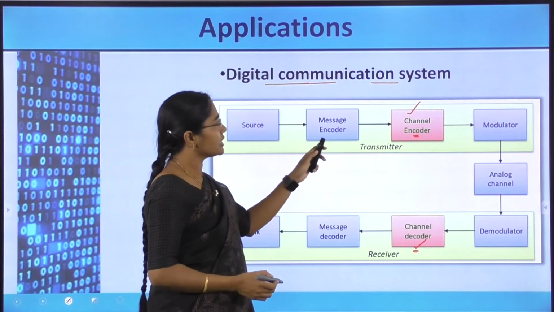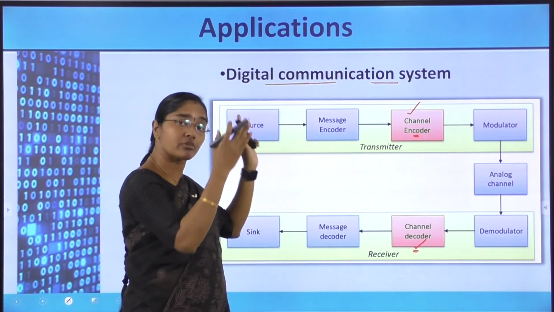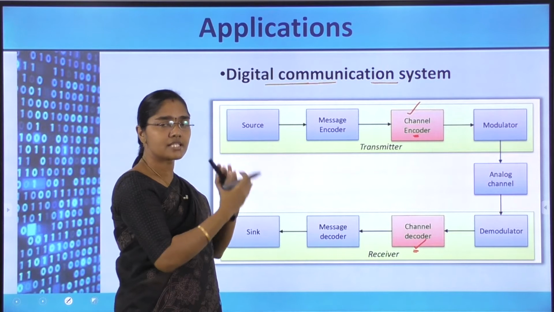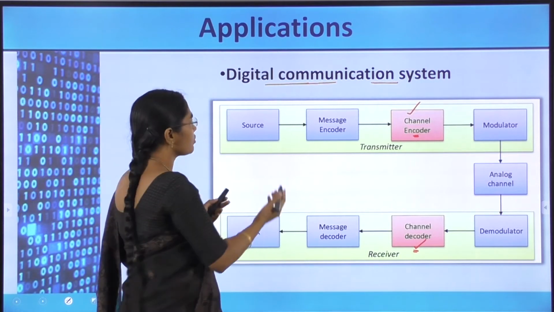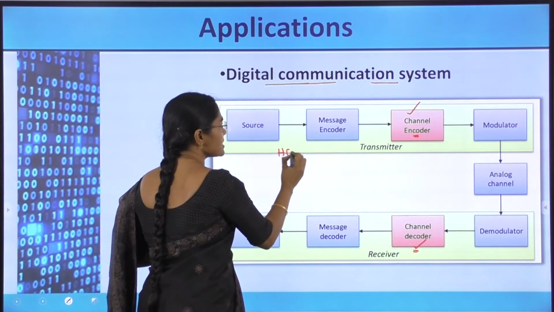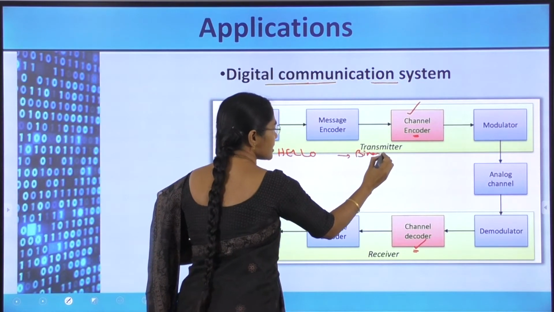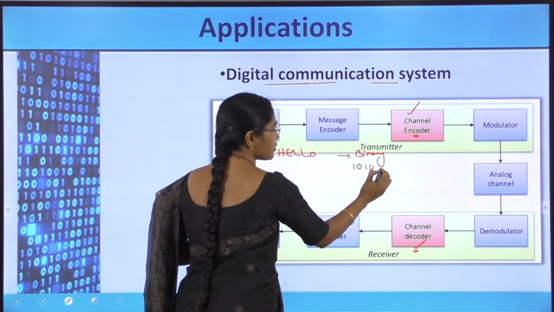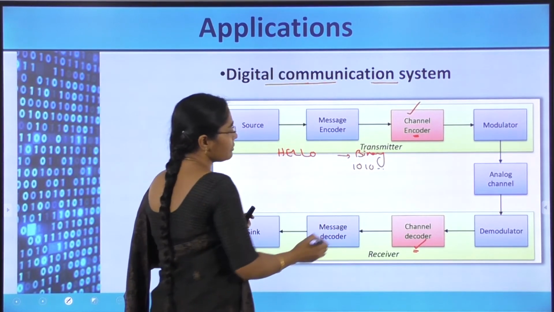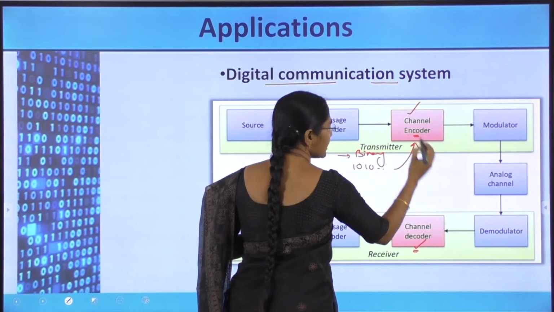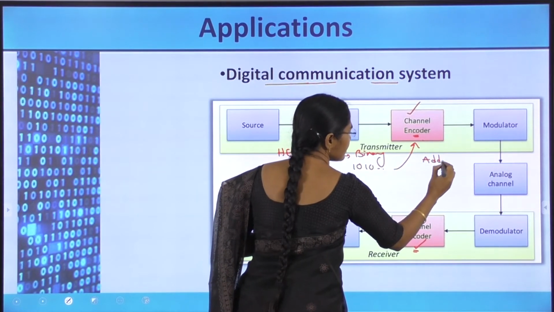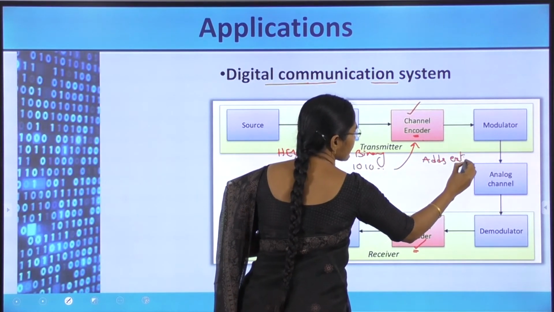This block we have already seen as part of the encoder example. So there, what is happening? The hello message is converted into binary by the message encoder, binary data like a 1010 string. To that binary stream, the channel encoder adds extra bits.